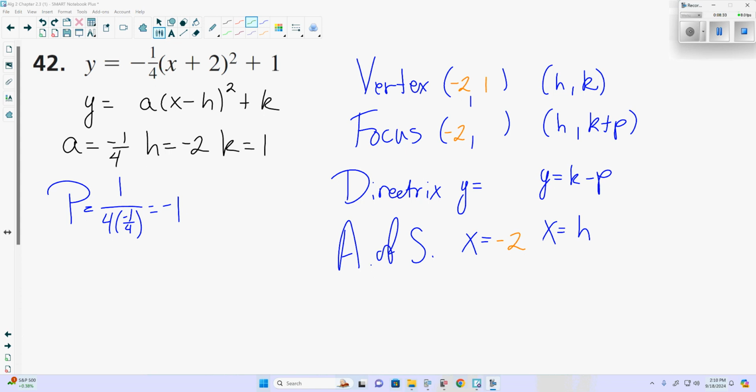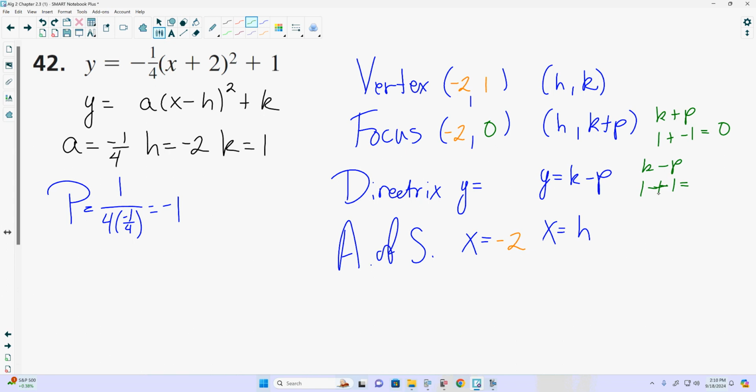Now, if we do this here, k plus p, our value of k is 1. p is negative 1. 1 plus negative 1 is 0. So our focus is going to be the point negative 2, 0. k minus p. Well, that's going to be 1 minus negative 1.